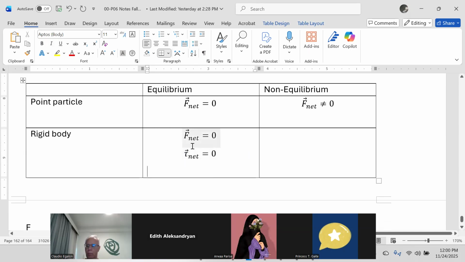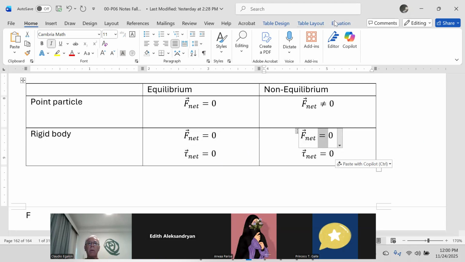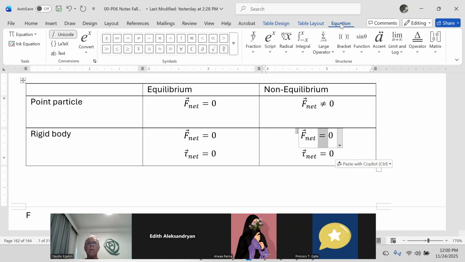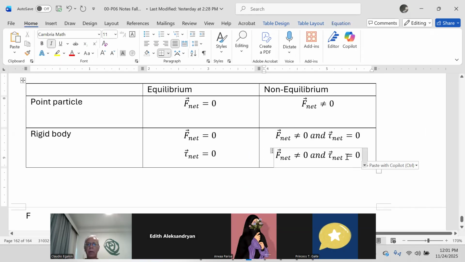Equilibrium, non-equilibrium. For a rigid body to be in non-equilibrium, you can have two situations. Either the net force is different from zero and the net torque equal to zero, or you can have net force different from zero and net torque different from zero.